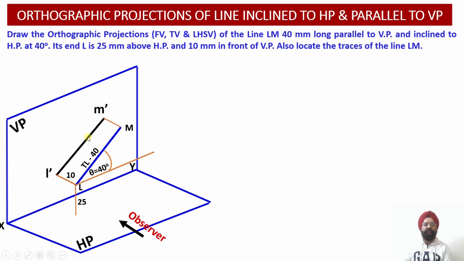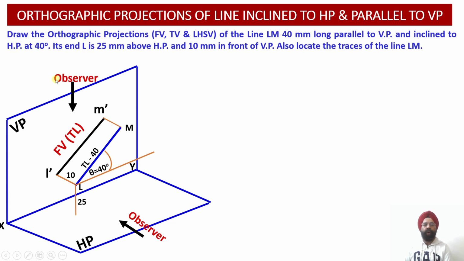So the projections obtained corresponding to this line LM will be L dash M dash, and these front view projections will provide us with the true length, that is 40 mm length of this particular line, right? This way the front view projections of this line have been obtained.